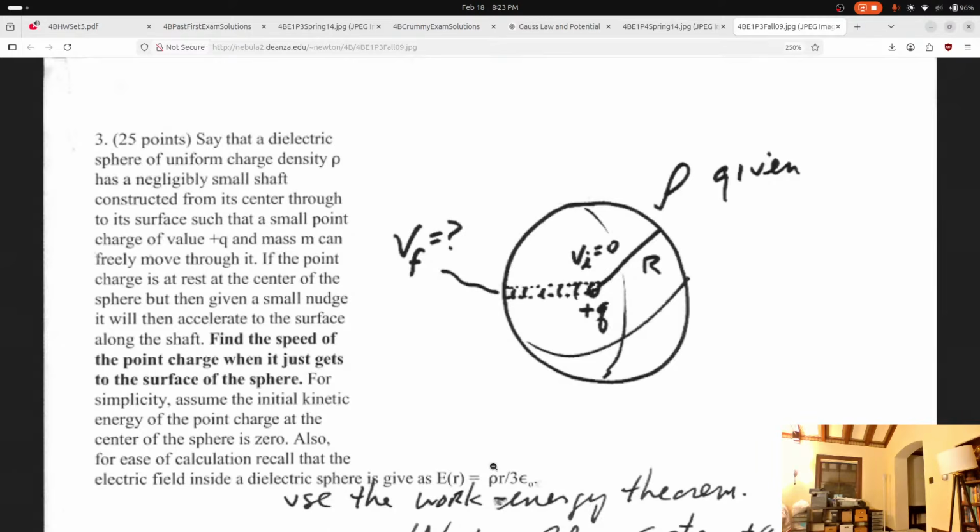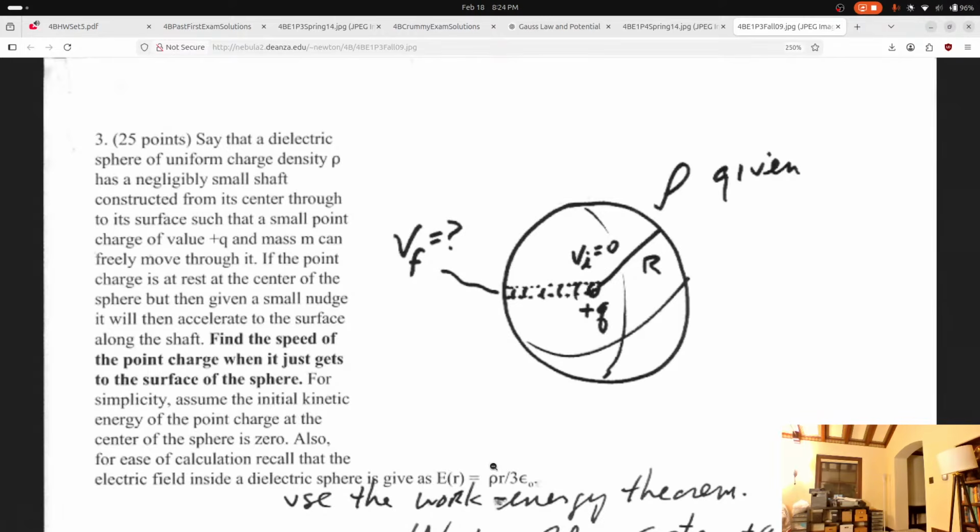Now I'm going to get minus rho over 3 epsilon naught integrated from 0 to R. All right, so the change in potential is negative.